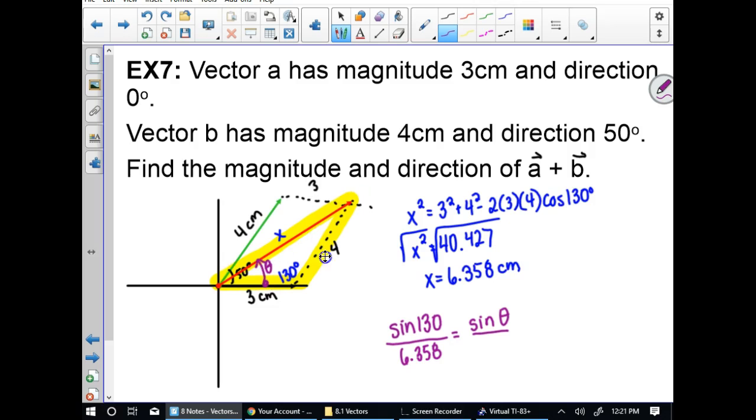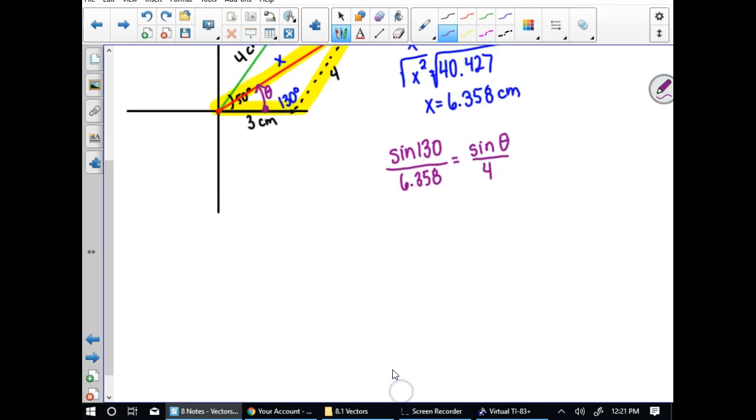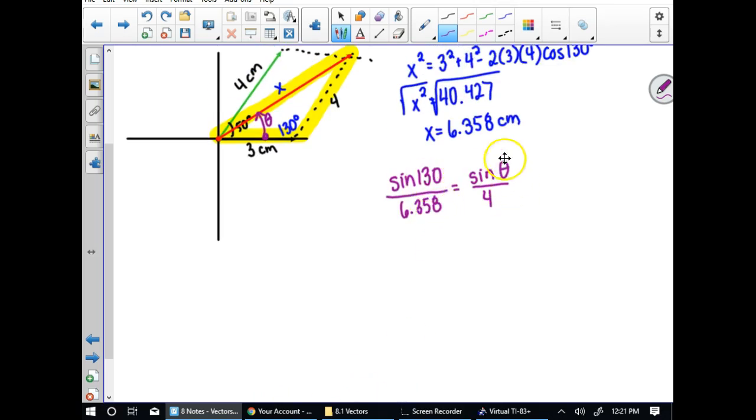If we're looking at this triangle, the 4. Okay? Now we've got to solve for that theta, so we're going to cross multiply.